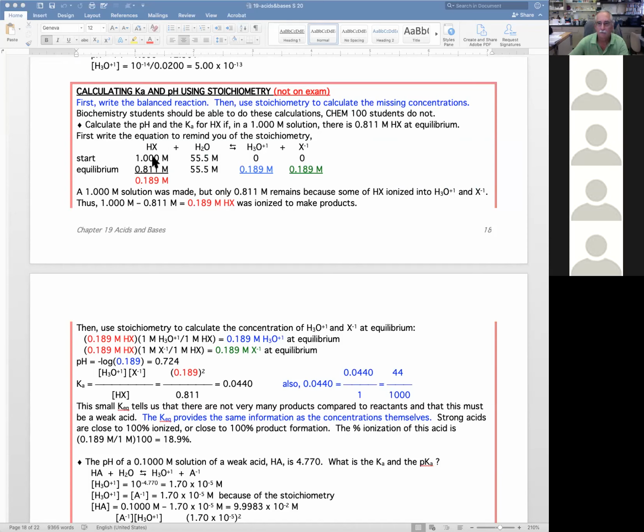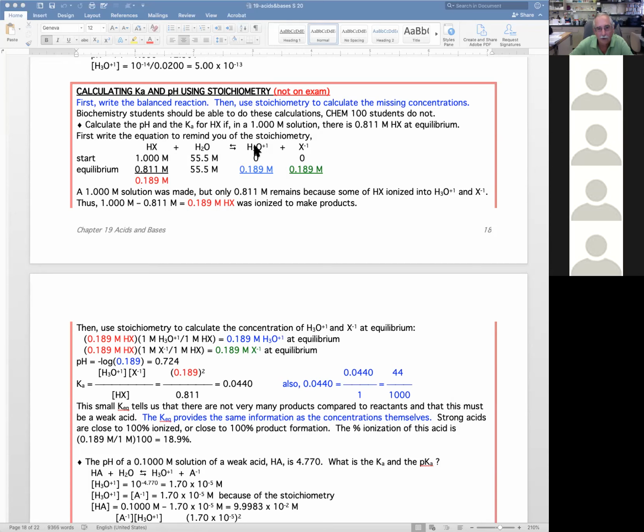You calculated how much you needed to add into what volume to get a 1 molar solution. Mix it up. But then someone came along and measured how much acid is there really in the form of HX? And the answer is 0.811. So what happened to this missing 0.189 moles per liter? Well, it went that way.